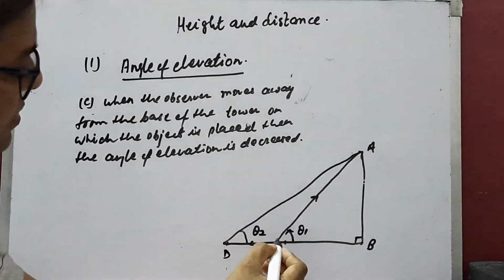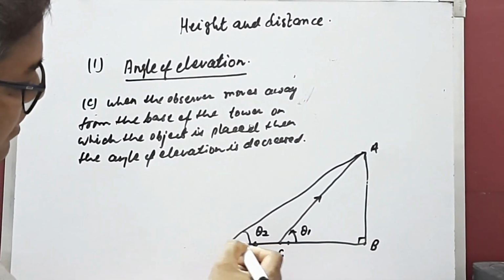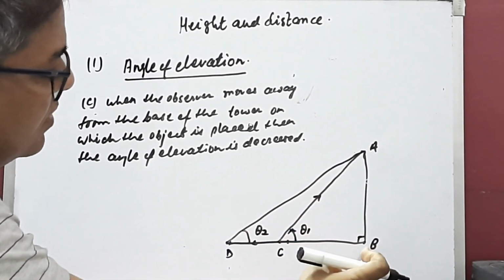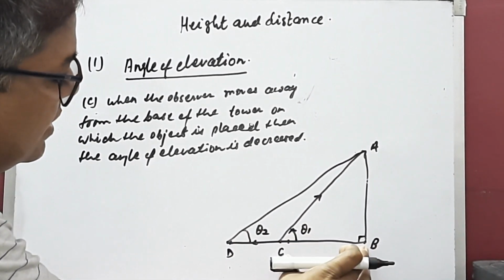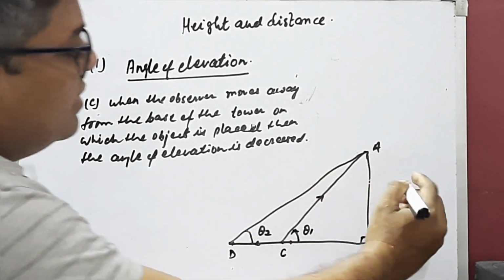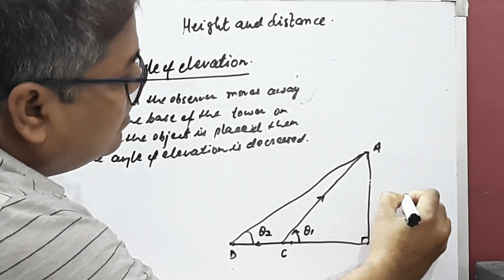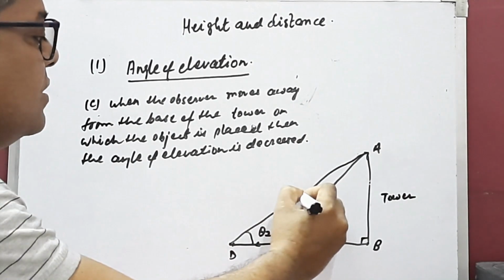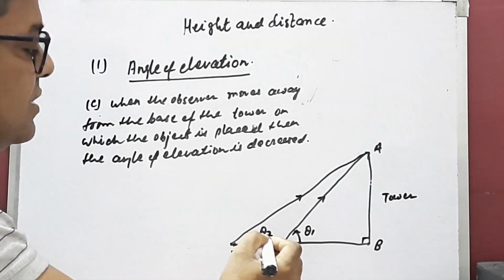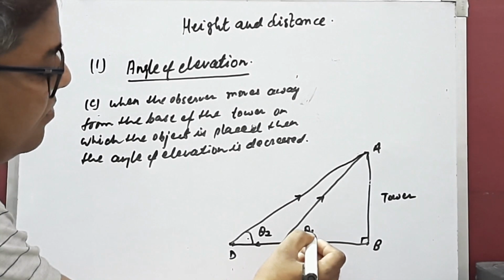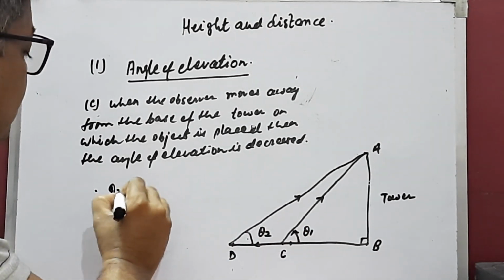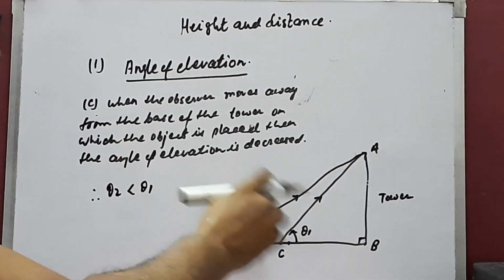Here the observer has come from here to here. It means the observer has moved away from the base of the tower. This is the tower. So the angle of elevation is decreased. Therefore, theta 2 is less than theta 1.